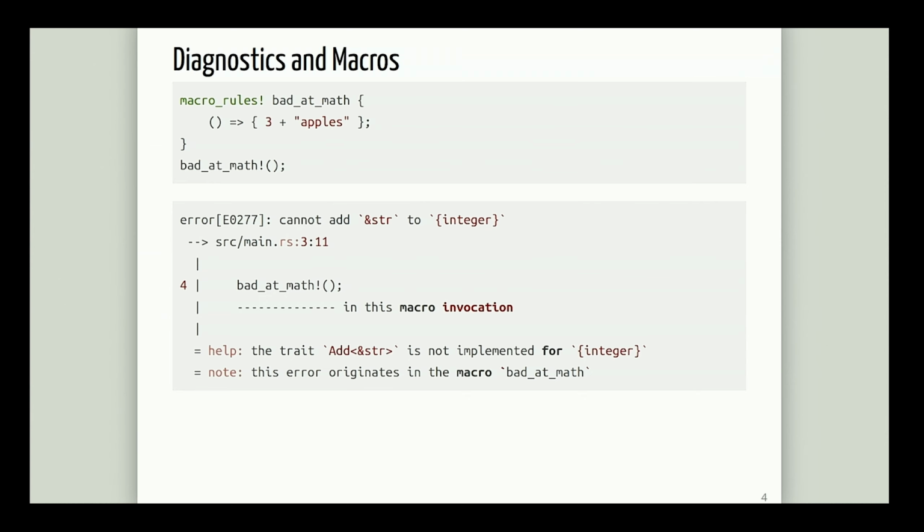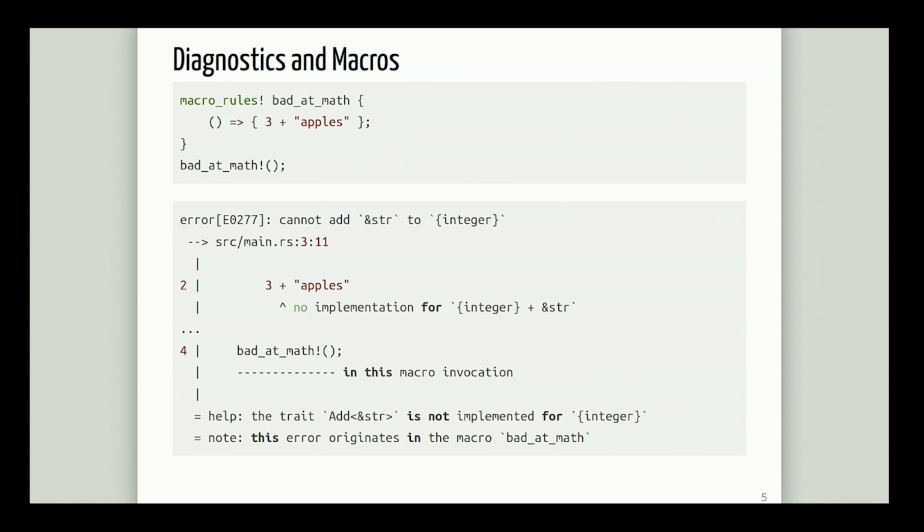And this is where spans come in. By keeping track of spans in a proper way, the compiler is actually able to show you where exactly the error occurred in the macro definition itself. And it does so by associating the corresponding span for each token in the source text, and then carrying this over into macro expansions, and then reading it out when it becomes relevant for diagnostics again.